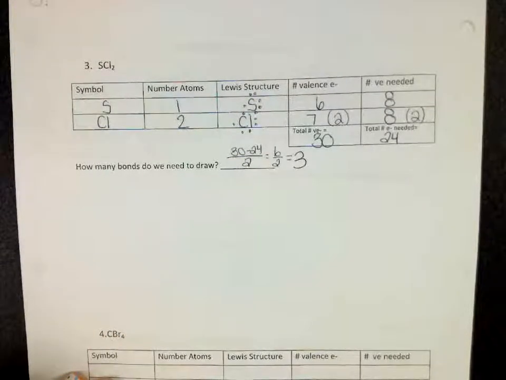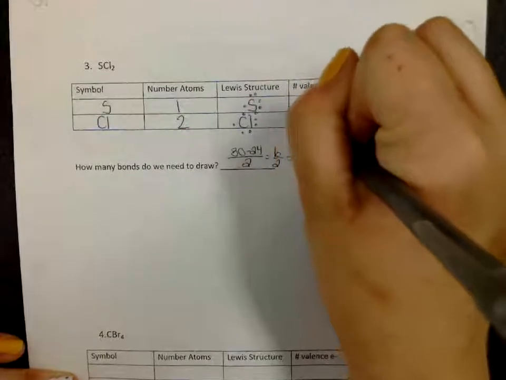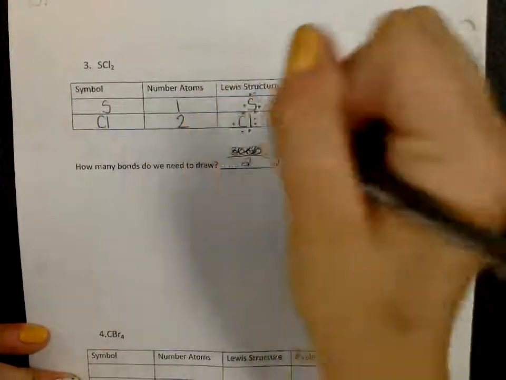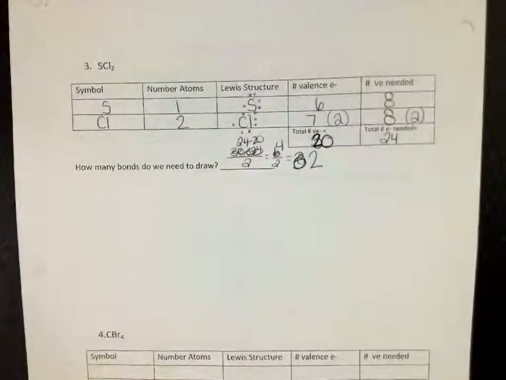7 times 2 is 14 plus 6 is 20. I said right. No one stopped me. How about now?